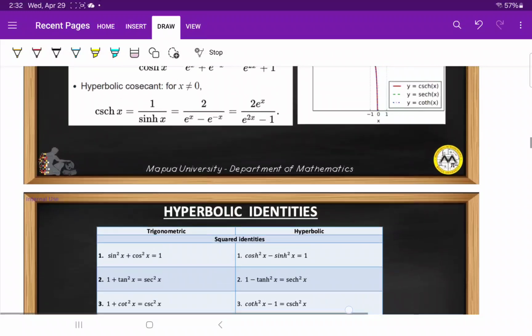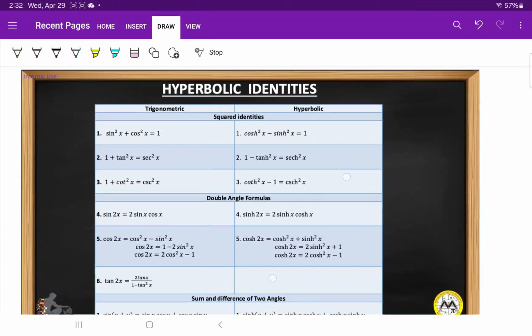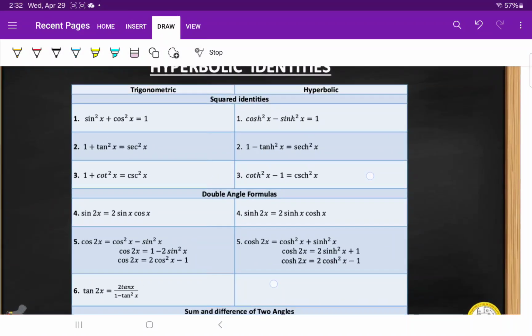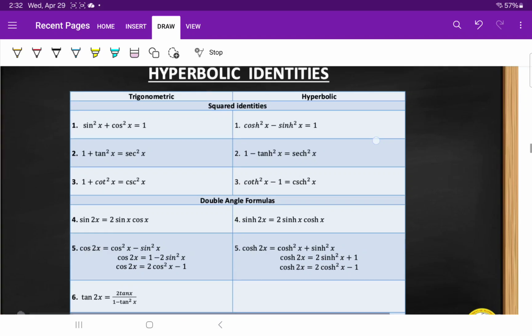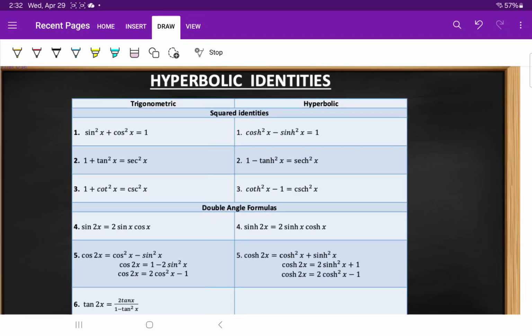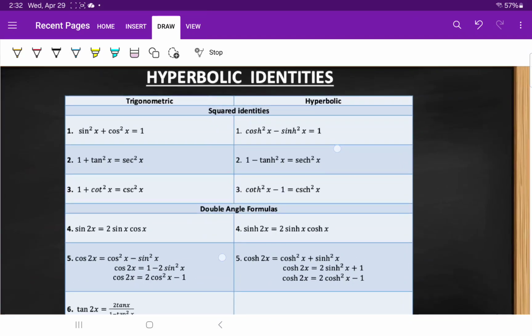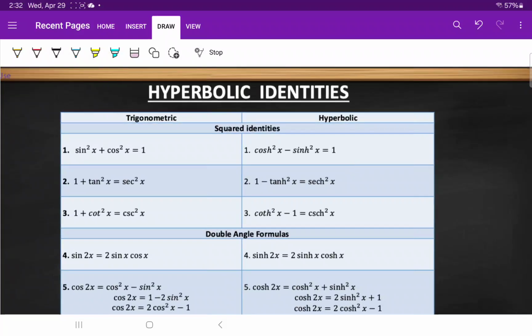So again, I discussed this already with you, but let me just go over this one again. We start first with the hyperbolic identities. We have here the squared identities, and they are similar to the trigonometric identities. They just differ in signs, right?